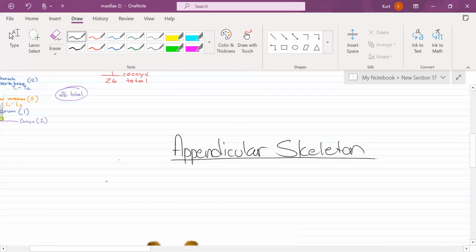This is what the majority of your next quiz will cover. It will cover all of the appendicular skeleton, and then the rib cage and your hyoid. Your appendicular skeleton has 2 parts. Your pectoral girdle and your pelvic girdle.